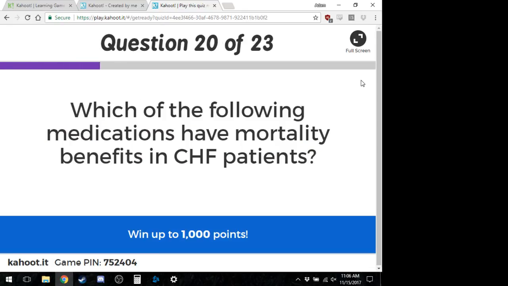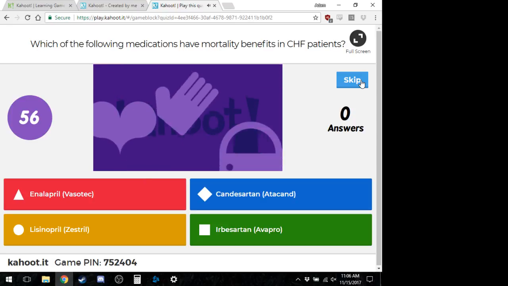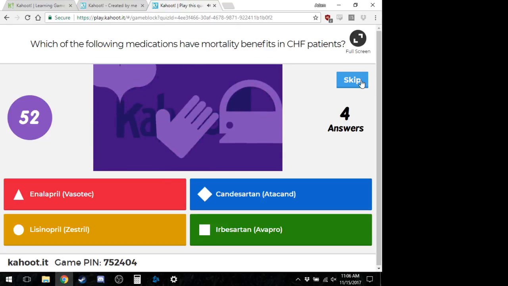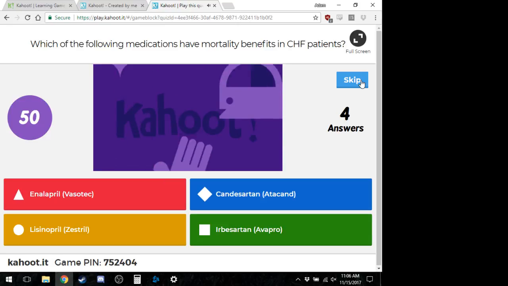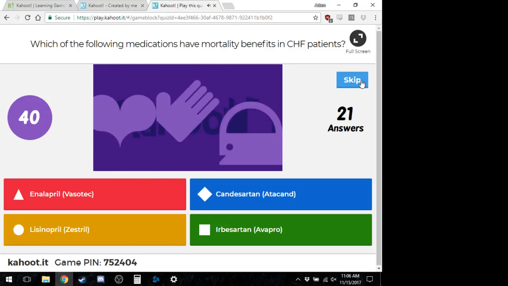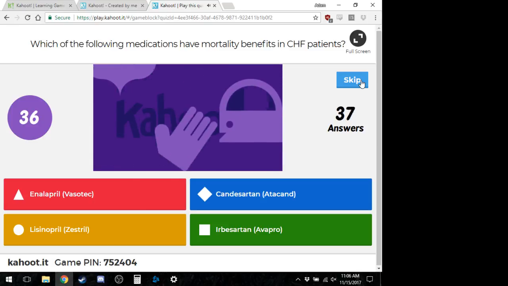Okay, which of the following medications have mortality benefits in CHF patients? I saw this one also. Don't doubt yourself.